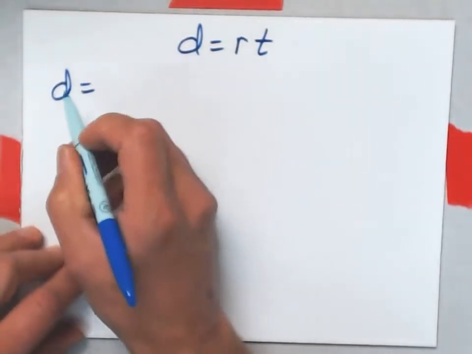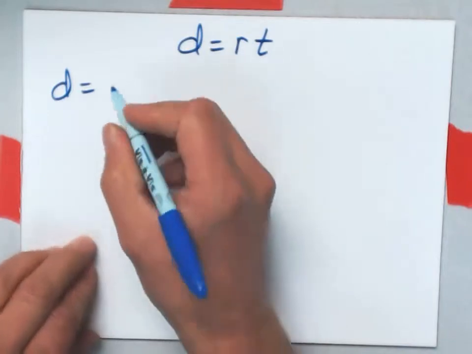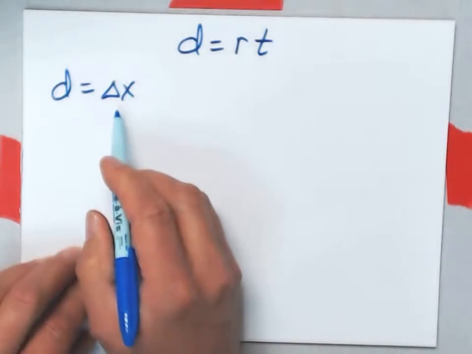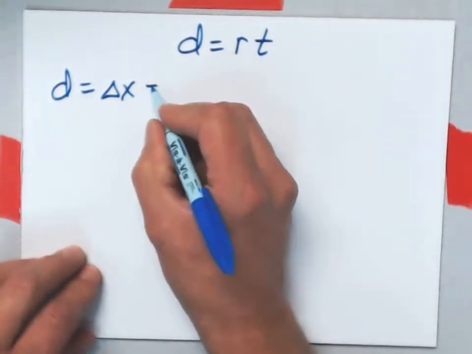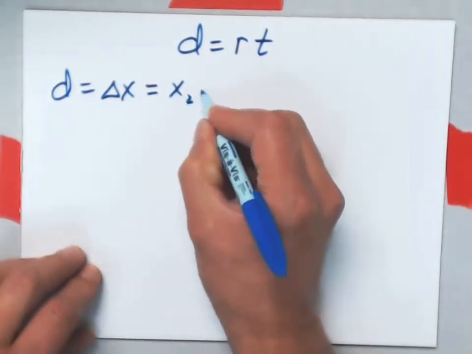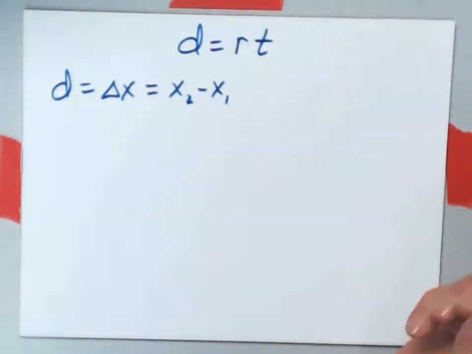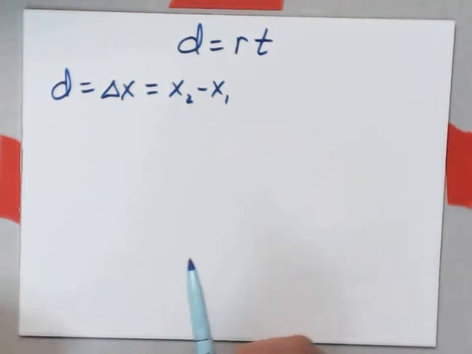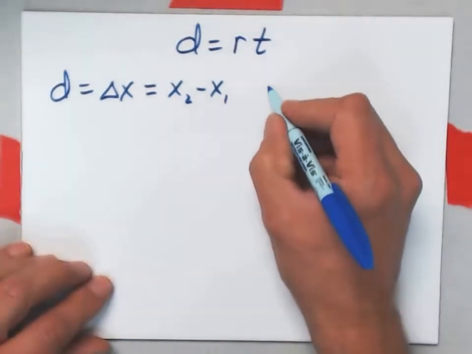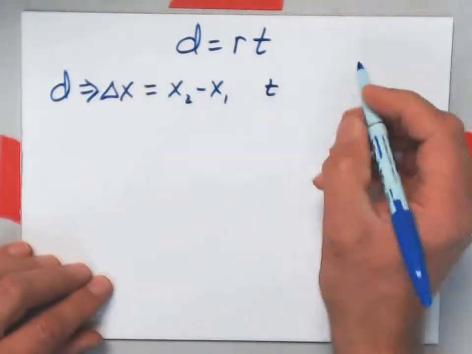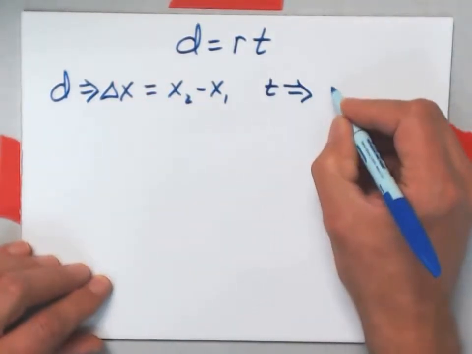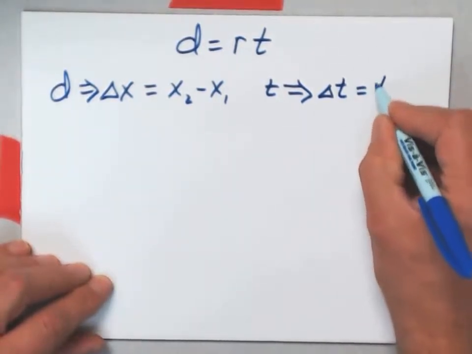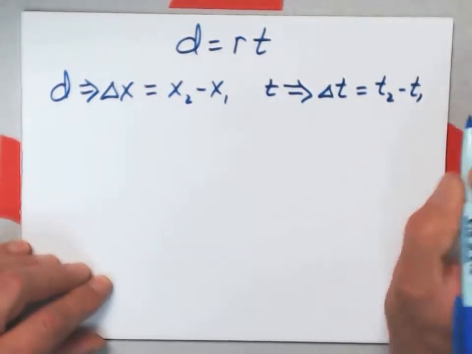For a distance, actually this will be a displacement now, we're going to call this delta x, a change in position on the x-axis. And it'll just be x2 minus x1, where we went to, or how far we moved from time 1 to time 2. Instead of t, we're going to talk about a time interval, which will be t2 minus t1.